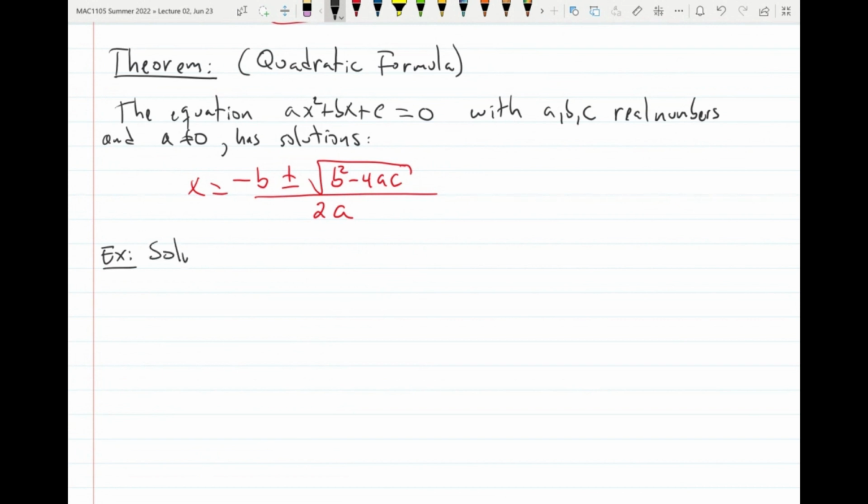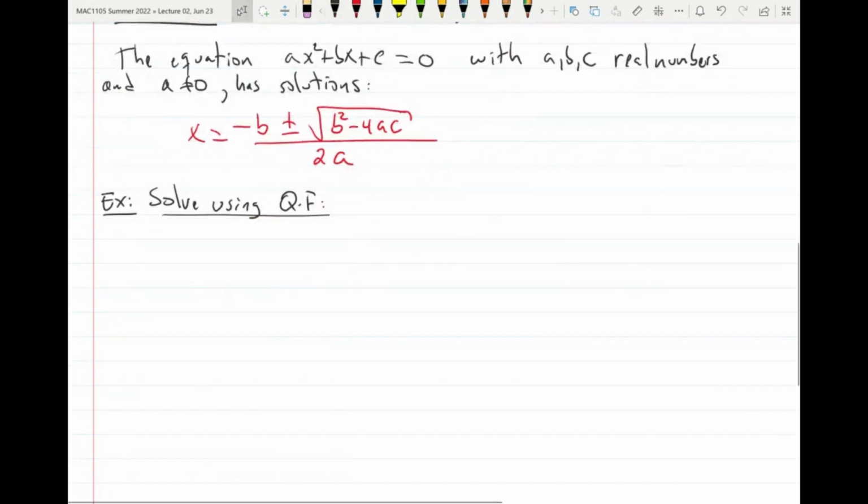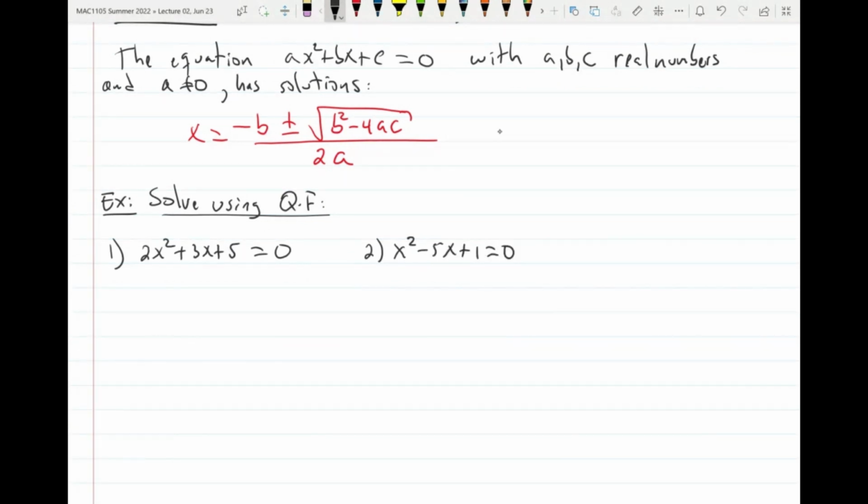So solve using the quadratic formula. Let's do 2x squared plus 3x plus 5 equals 0. Let's do x squared minus 5x plus 1 equals 0. (2x minus 5)^2 equals 3.